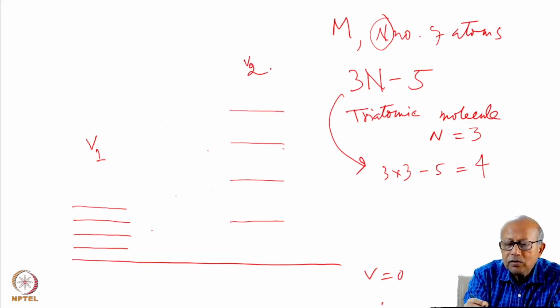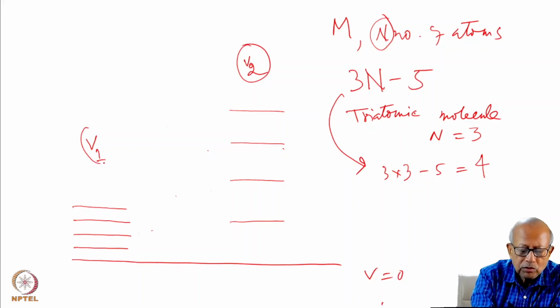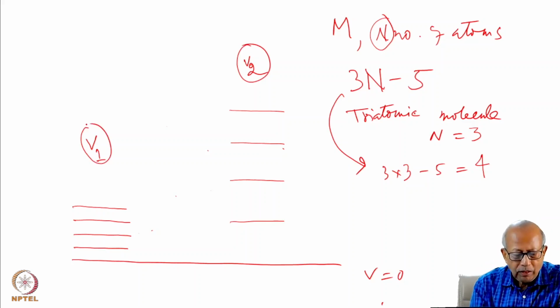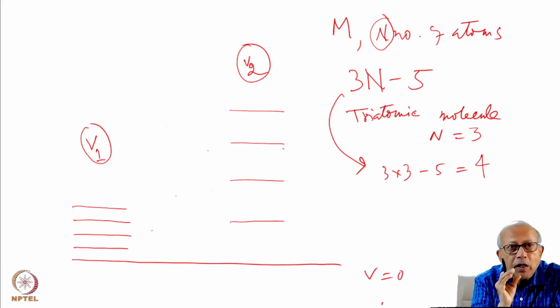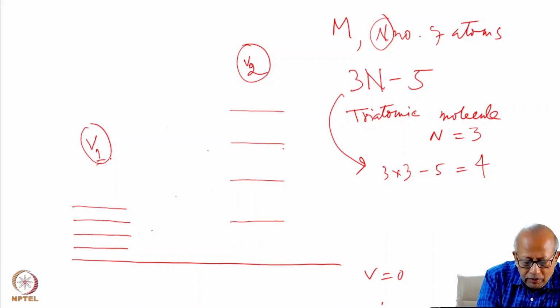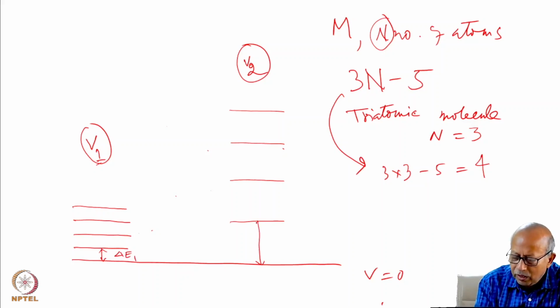This is the second vibrational mode, this is the first vibrational mode, and the quantum of energy required to excite one mode of vibration here is this much, which is delta E1, and the quantum of energy needed to excite one mode of vibration in this is delta E2.